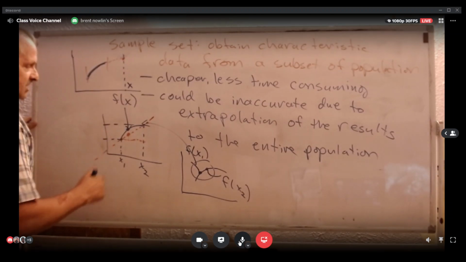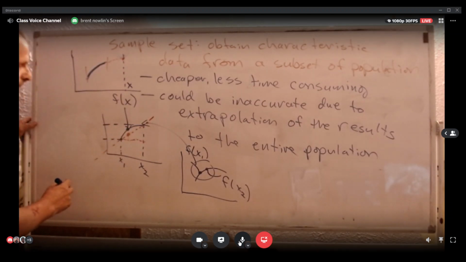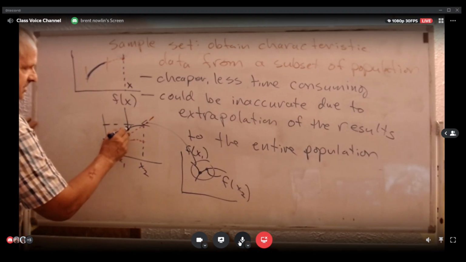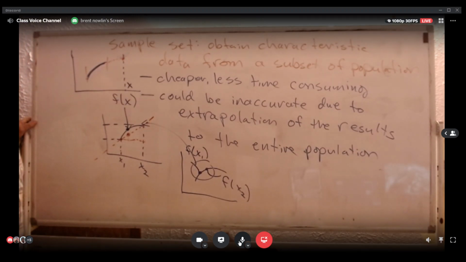Okay, interpolation, usually we have enough data that this error between the two real points is pretty small.